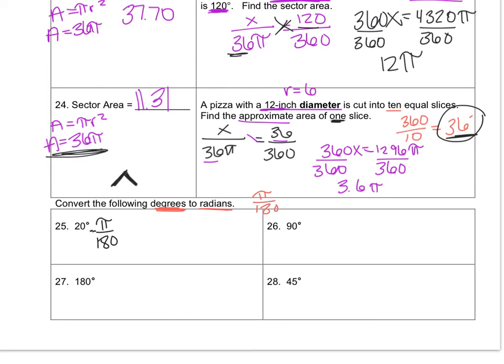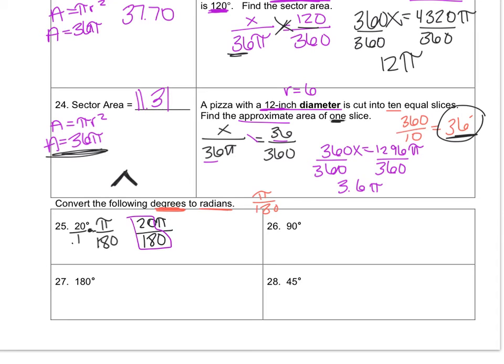I'm still going to put that over 1, and when you multiply straight across, you're going to do 20 times pi, which is just 20 pi, divided by 1 times 180, which is 180. You're going to have to simplify this fraction. So 20 divided by 180, put that in your calculator, math, enter, enter, and you're going to get 1 over 9.